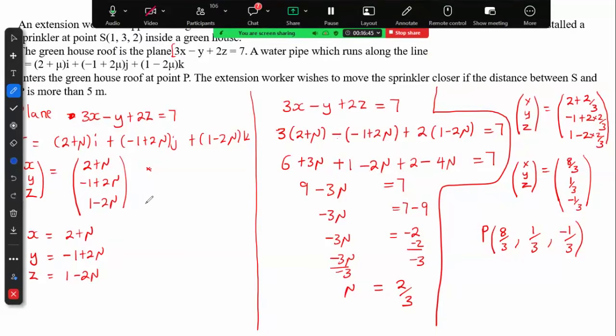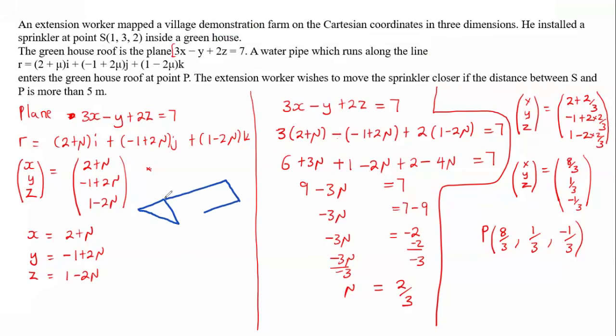Like I showed you at first, that you have your house. This is our greenhouse, and there is a pipe passing through it inside. So that means that this point where this plane of ours in 3 dimensions meets with this pipe, this is where we have our point P. And in order for us to find a point P, it means that we have substituted our x, y, and z into the equation of the plane.